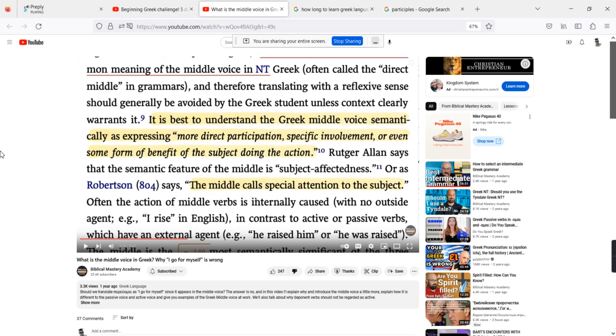It means that when we have a verb in the middle voice, it shows that the subject, let's say I am dressed, I do something, and this has what he means by more direct participation.